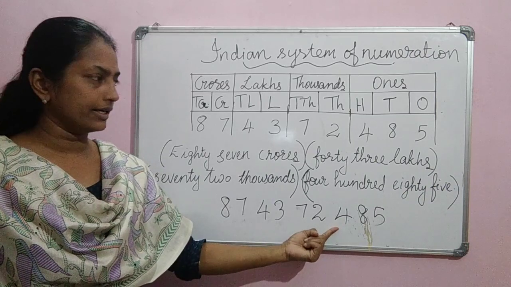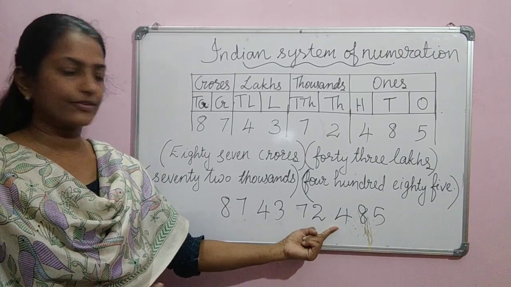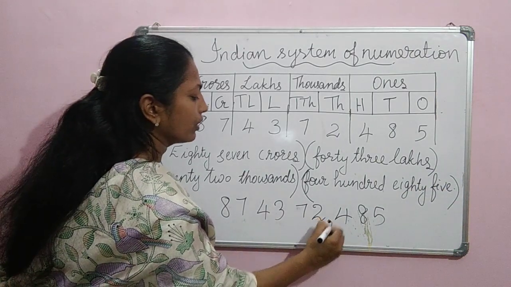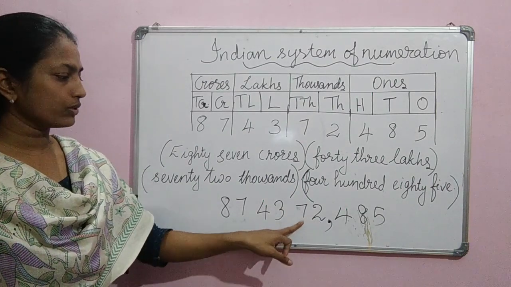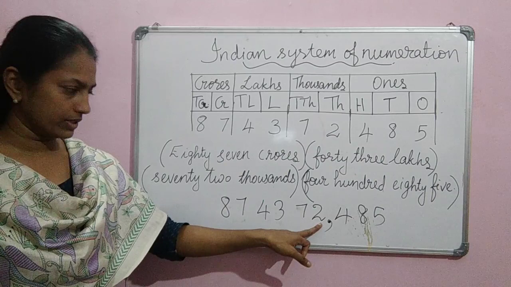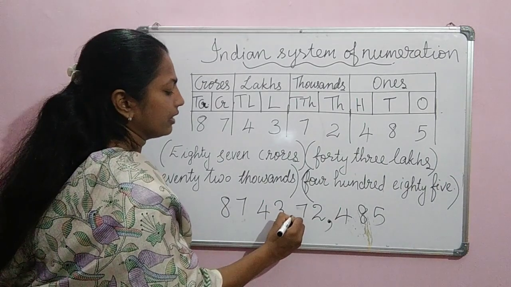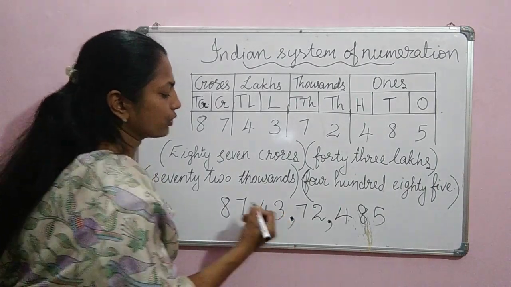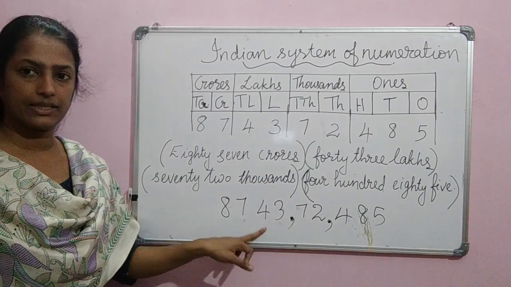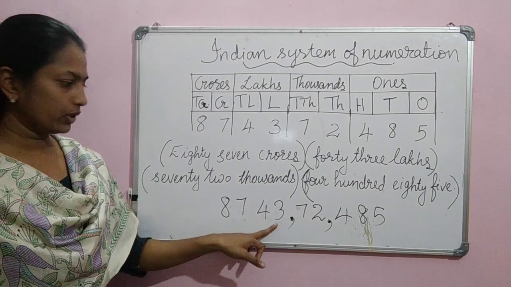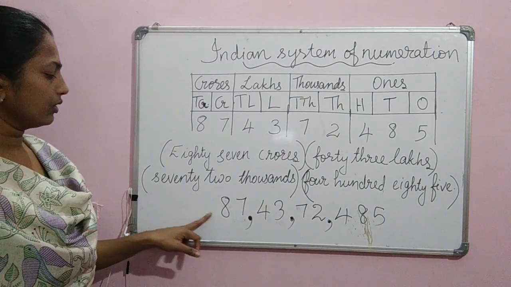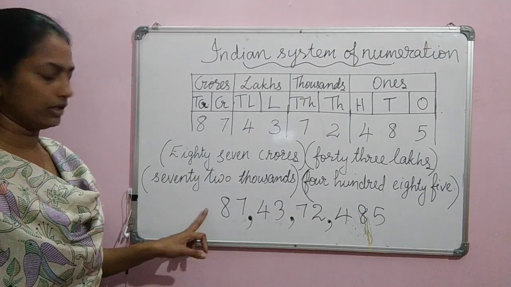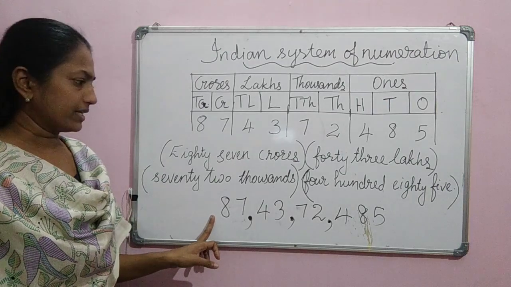Ones, tens, hundreds come in ones group. After that we put a comma. Then thousands group, 72 thousands comes in thousands group. After that we put a comma. 43 lakhs, 2 digits. After that we put a comma. Here we have no other digits, so we need not put a comma here.